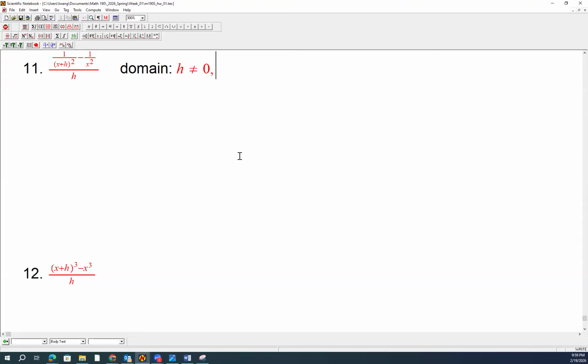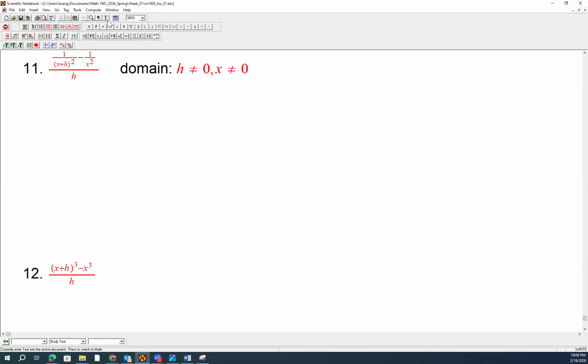But if you do want to consider that, there's nothing wrong if you say, okay, x cannot be 0. But we really focus on h as the variable.